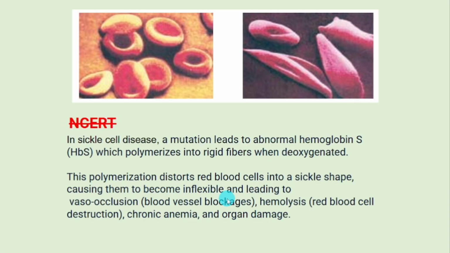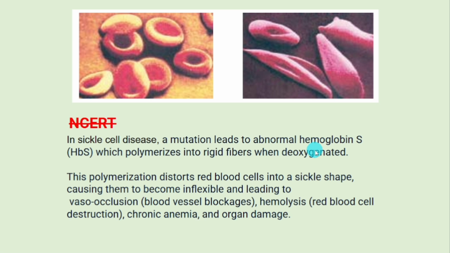So see, this is the structure of healthy RBC. It is biconcave, and this is the sickle shaped structure of sickle cell hemoglobin. So this abnormal hemoglobin is denoted as HbS. So under hypoxic condition, in deoxygenated state, it polymerizes into rigid fibers, and those rigid fibers, they cause extension of the cell membrane.